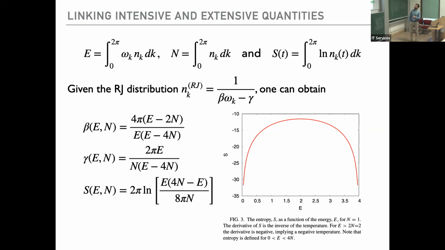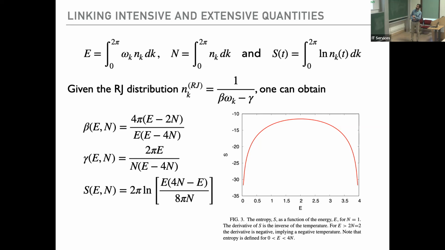You can obtain analytically β, so 1 over the temperature, γ, that is μ over the temperature, so something proportional to the chemical potential, and the entropy of the system analytically, given the initial energy and the initial particle number, which are, by the way, conserved in the dynamics. So that means that you can plot, for example, the entropy versus the energy.